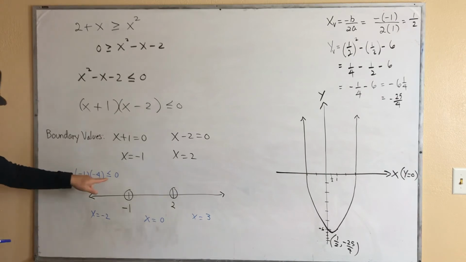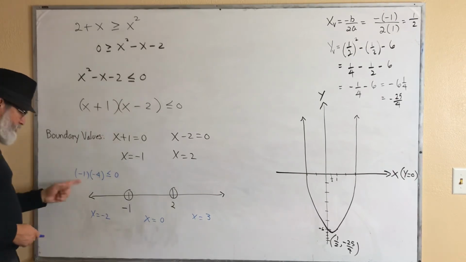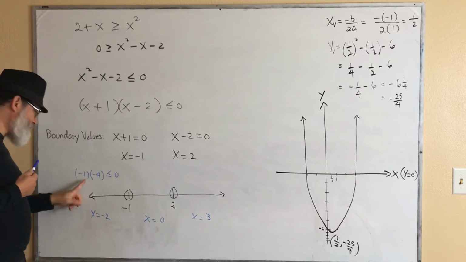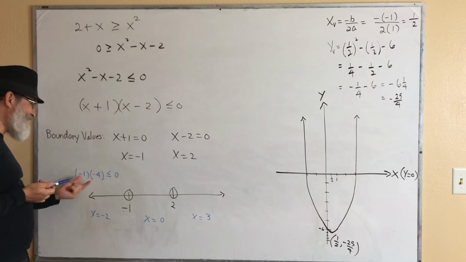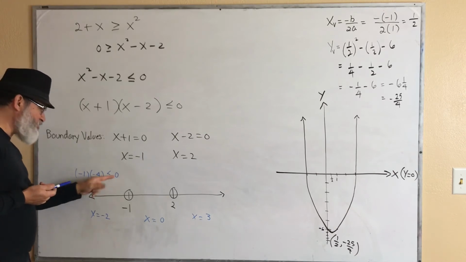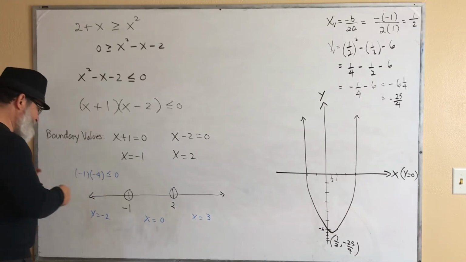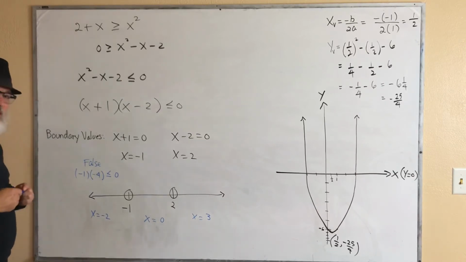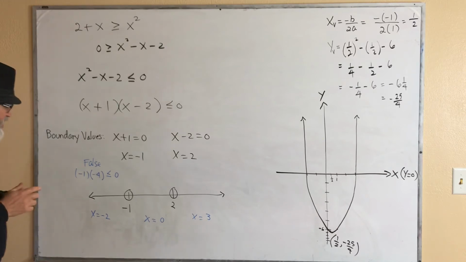Oh, we're asking where it's less than or equal to 0. A negative times a negative is positive. Is a positive less than or equal to 0? False. This is false. So you don't shade.